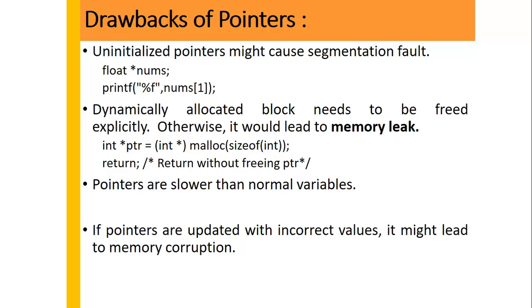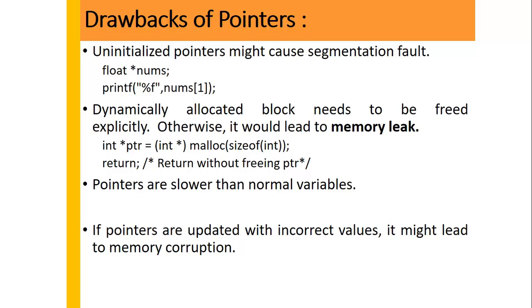Pointers are slower than normal variables because of searching and arithmetic, going to different pointers, so it always takes additional time. That's why they are slow. If pointers are updated with incorrect values, it might lead to memory corruption.